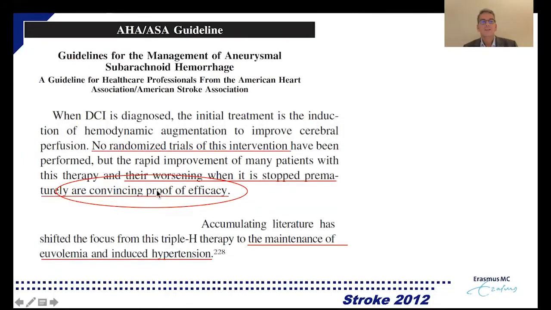They think it's convincing because a patient can really respond when you increase blood pressure. Actually, I doubt it, and I will explain to you why I kind of doubt this certainty about the efficacy of induced hypertension. And another statement is that you should really try to induce hypertension and euvolemia.